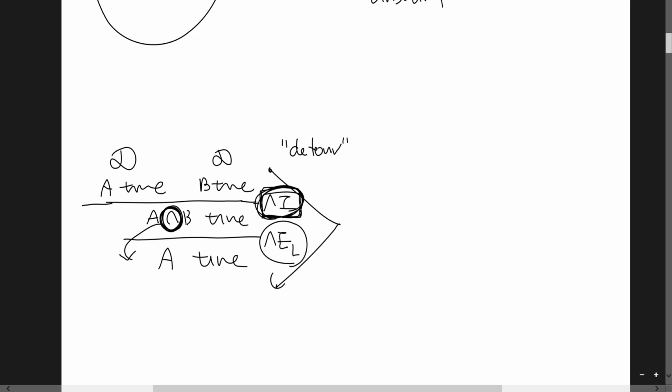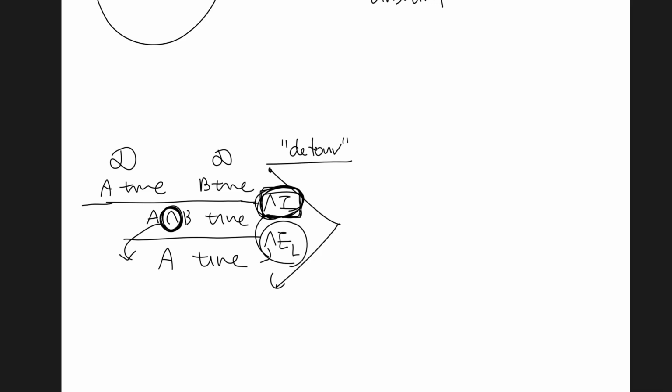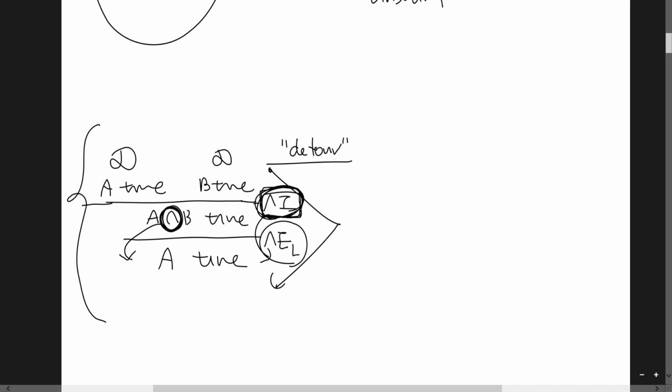Because it's going to be eliminated anyway. So it looks like we are taking a detour here. Suppose that we have a derivation tree like this one, and the question is, can we reduce this derivation tree into another one deducing the same judgment, but without taking this detour?